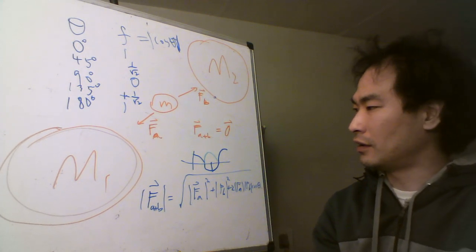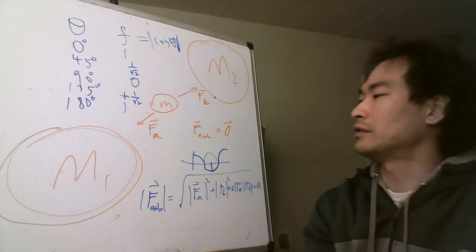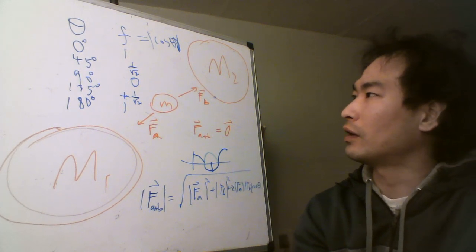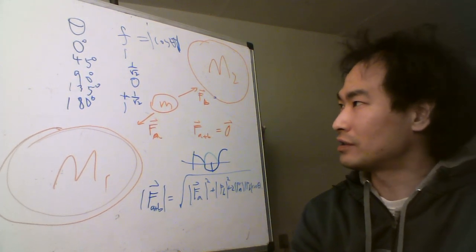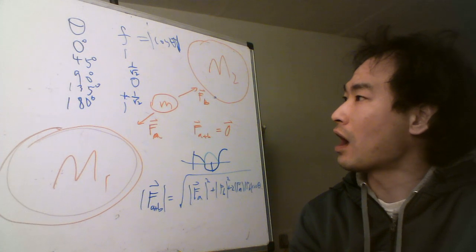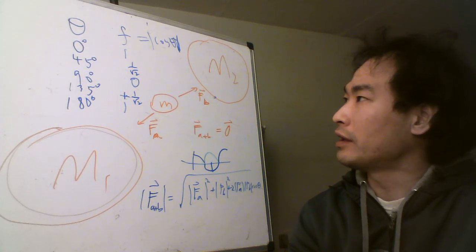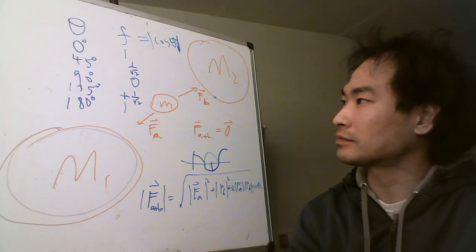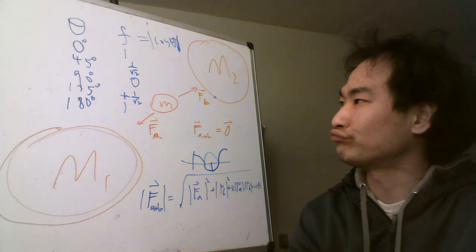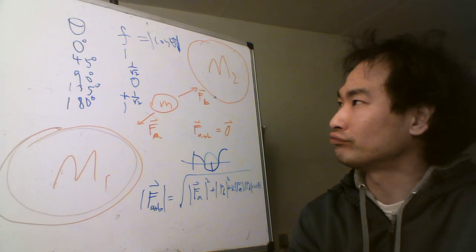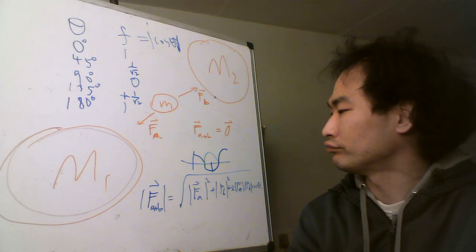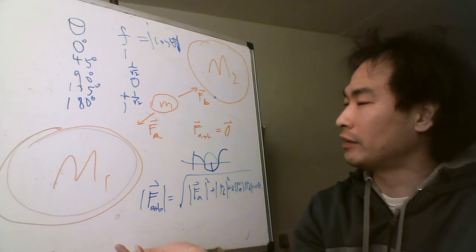So that's that. Flip it, all right? That's absolute value of cosine theta. I think it works, okay?